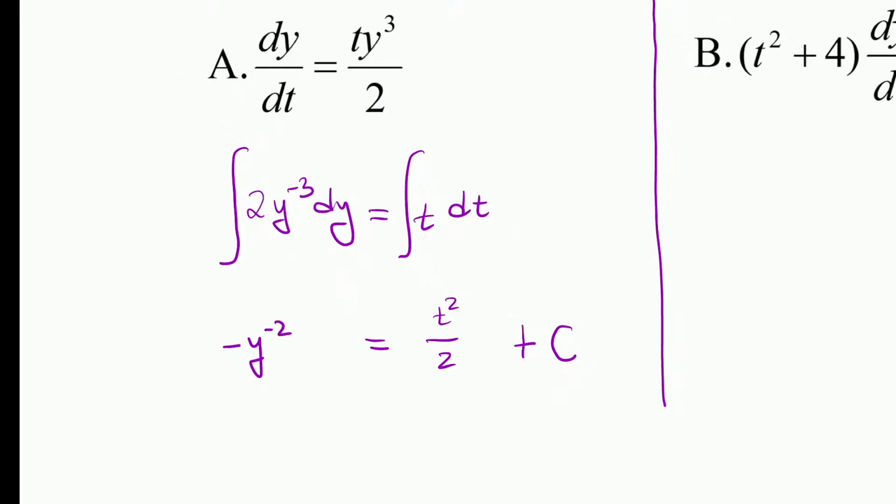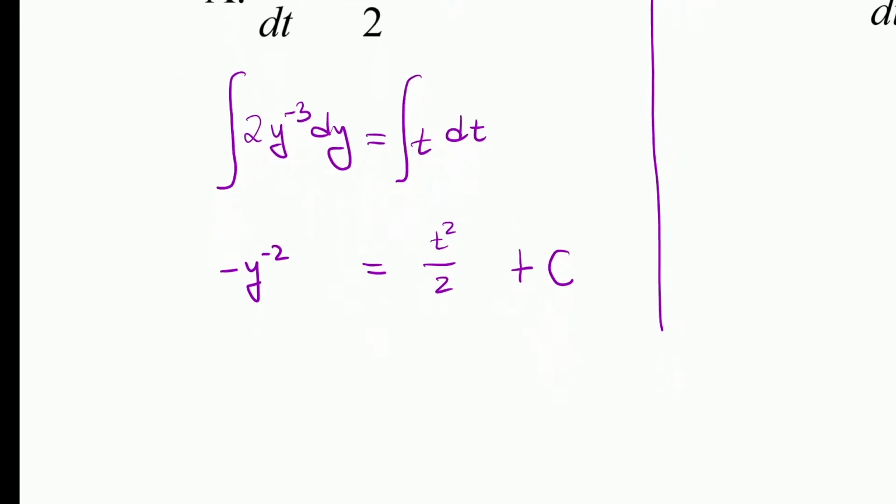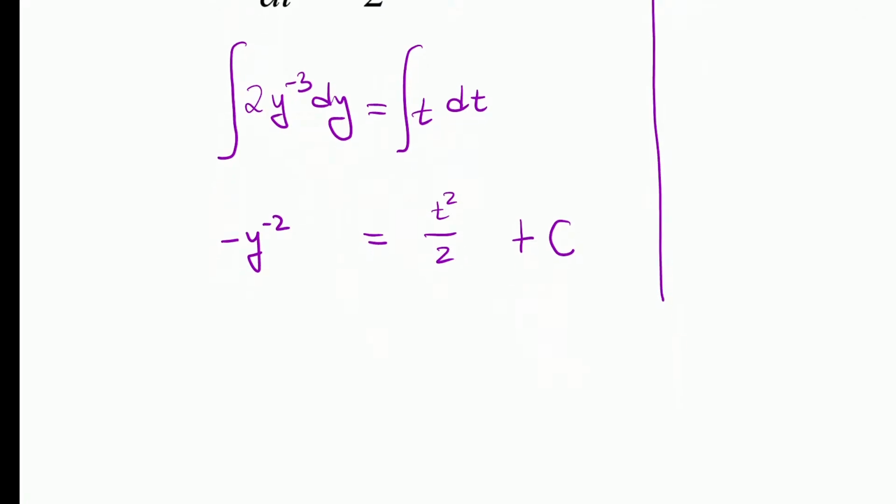Now, at this stage, this would be considered a perfectly fine implicit solution. So implicitly, this is correct. But if you want a single function, or in this case, we're going to get 2 functions, we're going to want to solve for y. And most of the time, it's not going to be a terrible process. So let me just go ahead and do that.